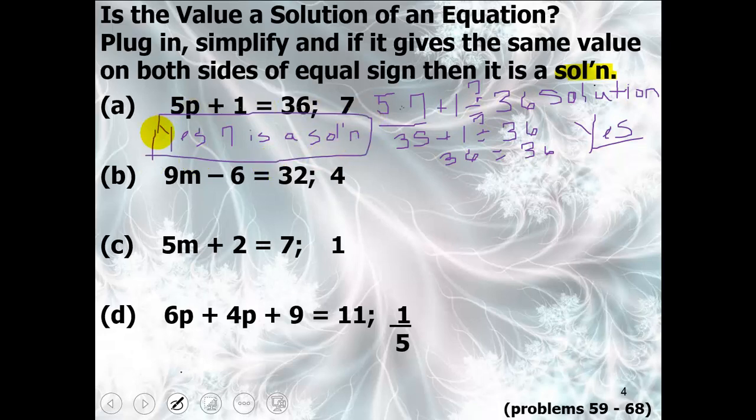Now we want to move on to example B. 9m minus 6 equals 32. Is 4 a solution? Well, we're going to plug it in.